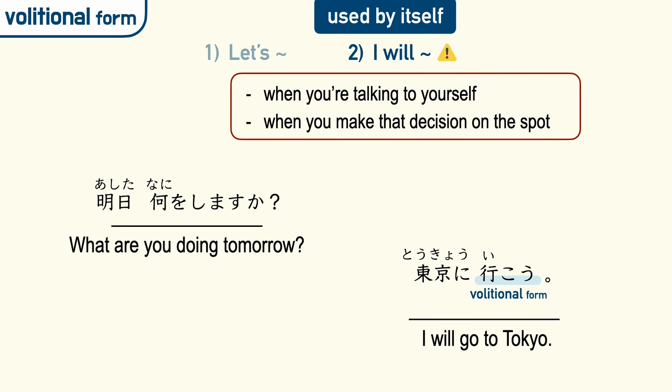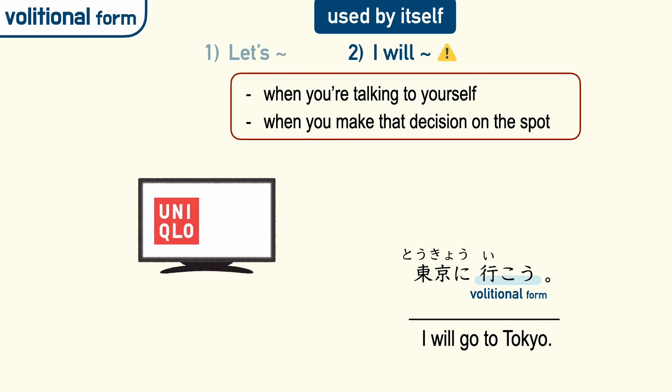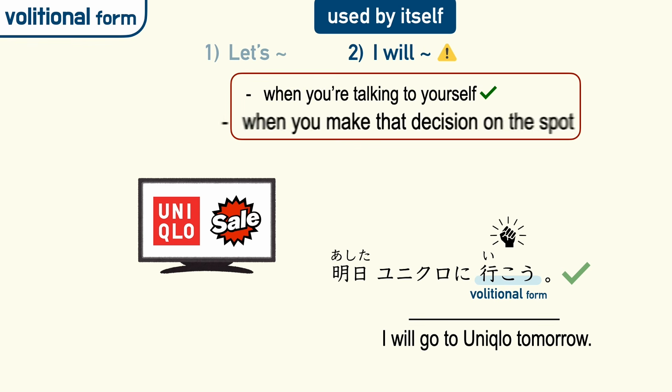Here you cannot say 東京に行こう. Nah. But if you're watching TV and find out that Uniqlo is having a sale, here you can say to yourself, あ、明日ユニクロ行こう to mean I will go to Uniqlo tomorrow. This is perfectly natural because you're talking to yourself. Check. And you made that decision on the spot. Check.